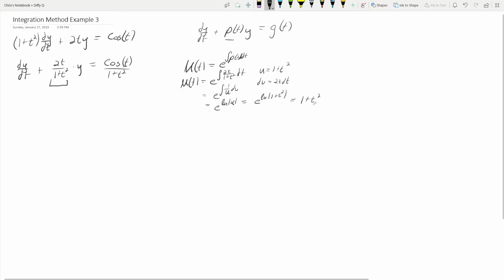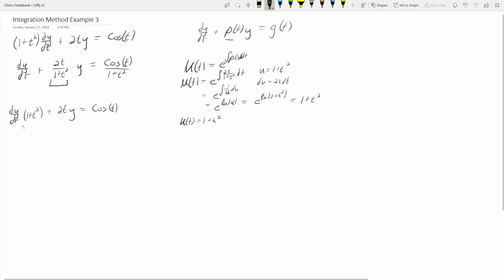So now we're going to multiply everything by mu(t), which is equal to 1 plus t squared. So dy/dt times 1 plus t squared, plus 1 plus t squared times this, which is going to give us 2t y, is equal to cosine t.